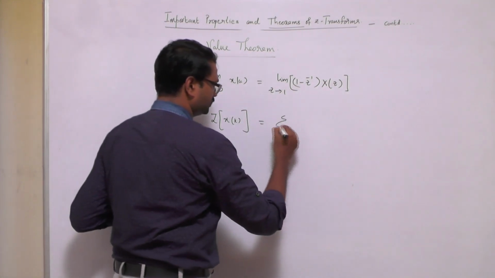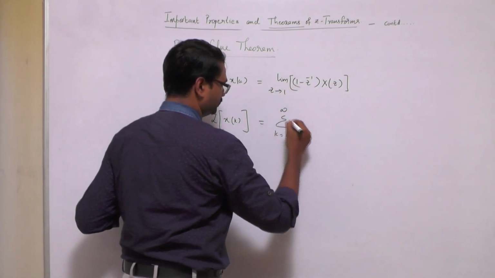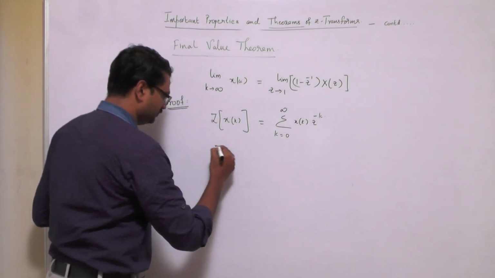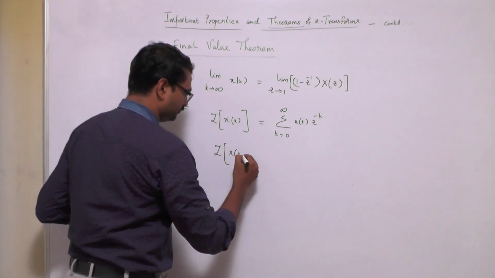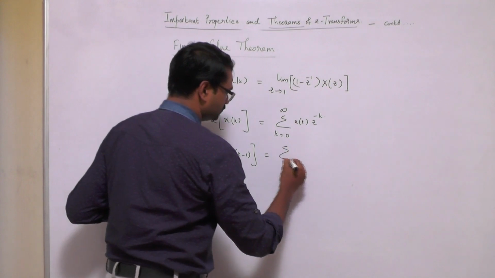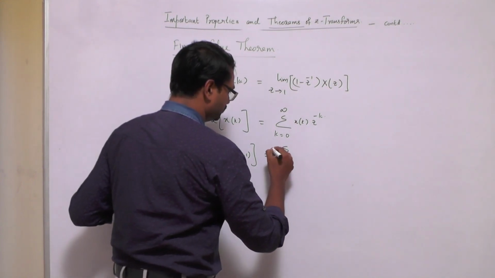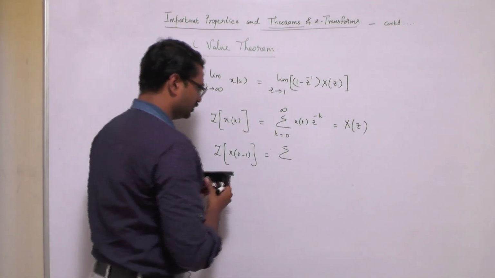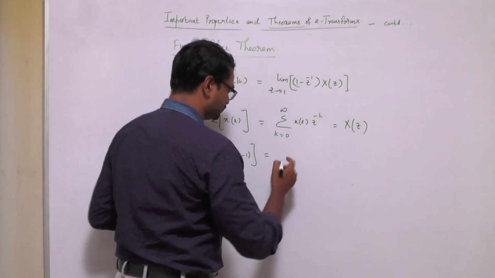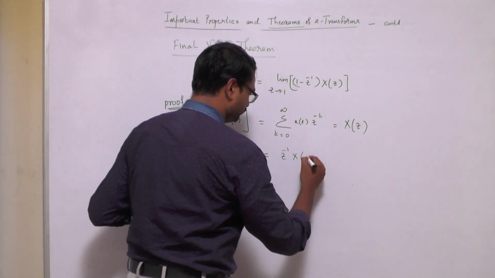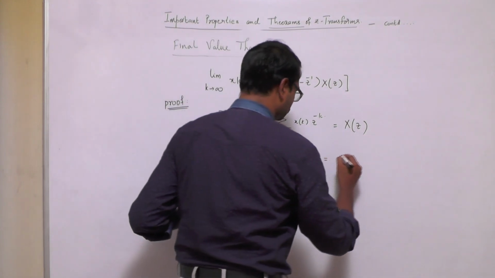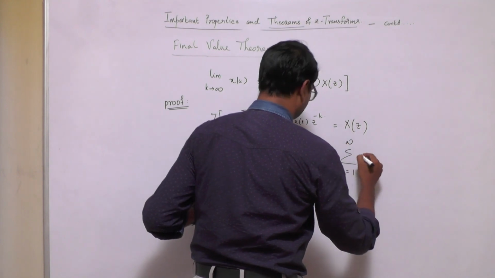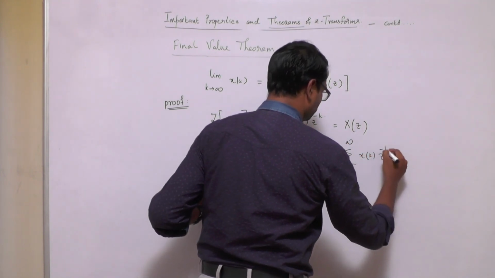By definition we have sigma k is from 0 to infinity x of k z power minus k. Similarly we will consider z of x of k minus 1. By the real translation theorem, it is z inverse of x of z, which is nothing but sigma k is from 1 to infinity x of k z power minus k.